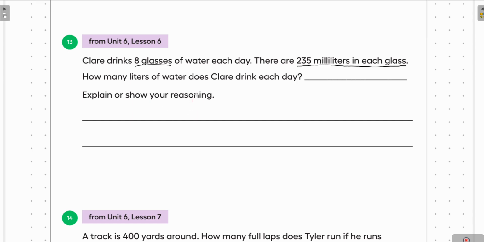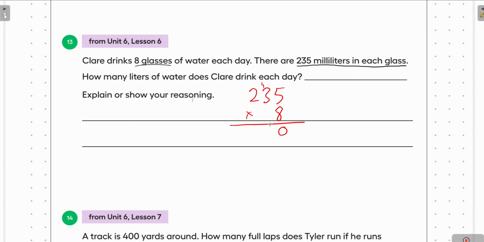Okay, so the first thing we need to do is to do the multiplication. We got 235 times 8 glasses. Okay, so we got 8 times 5, right? That's 40. Let's carry that 4. We got 8 times 3. Okay, that's 24.